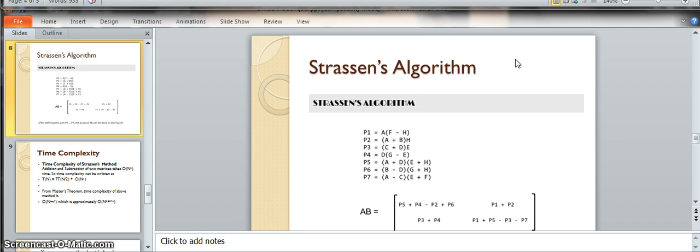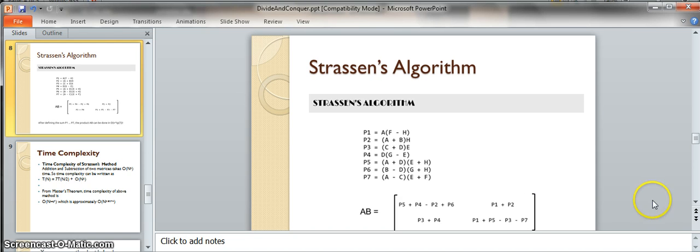Here we perform 7 multiplications and 18 addition operations.